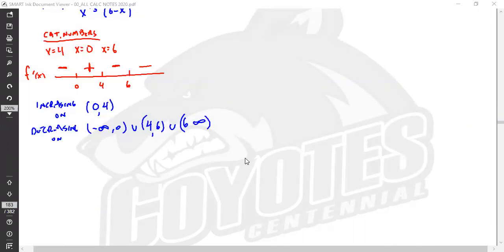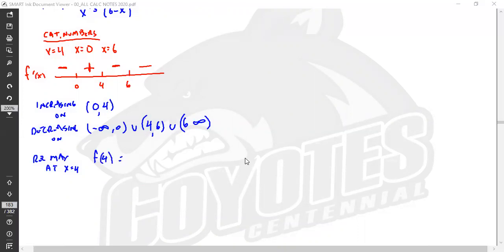All of this means we have a relative maximum when it is increasing and then it's decreasing. So we have a relative maximum at x equals 4. If we run this through our original function, that means f at 4, so this is going to get a little nasty in here.